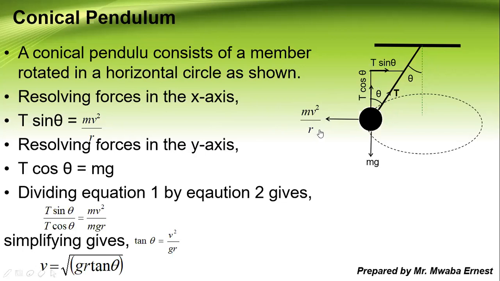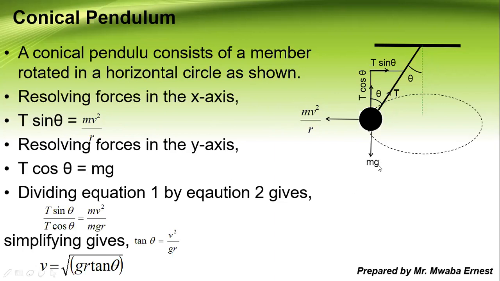So what you have is just equating these two now, where T sine theta is supposed to be equal to mv squared over r. This gives us our equation 1. So T sine theta is equal to mv squared over r. Then as if that's not enough, we can also do the same for the y-axis.